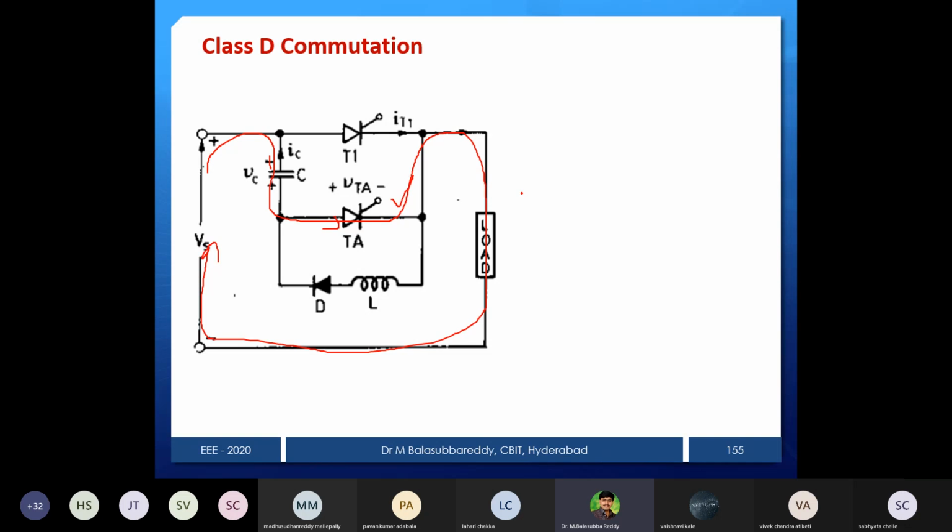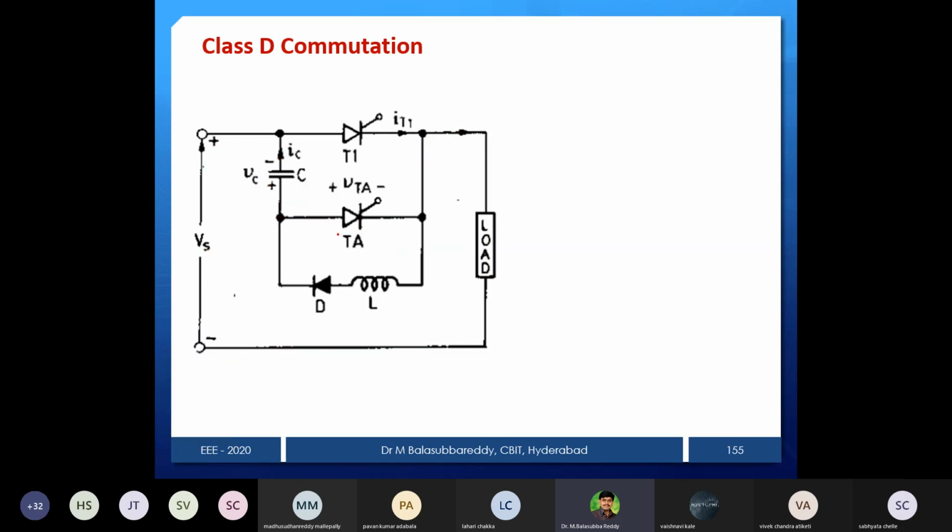Carefully understand step by step. Supply is given to the circuit and the firing pulse is given to the auxiliary thyristor. Auxiliary thyristor will turn on. Once it is on, current will pass through the capacitor. The capacitor will charge to the same as the source voltage. Once it is completely charged, no current passes through the thyristor, and thyristor TA will be turned off automatically. Over. That is mode 0.